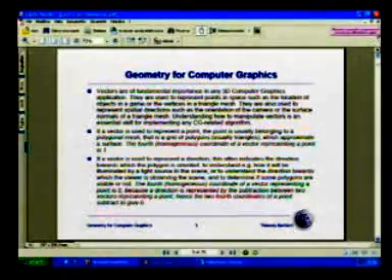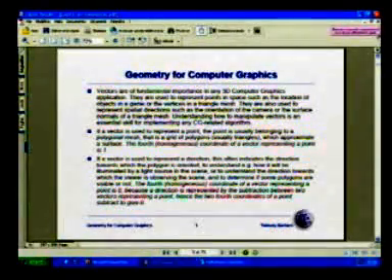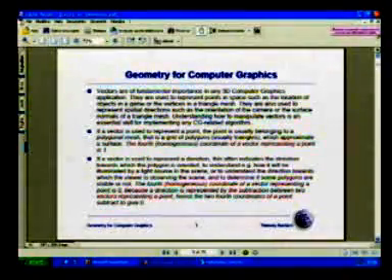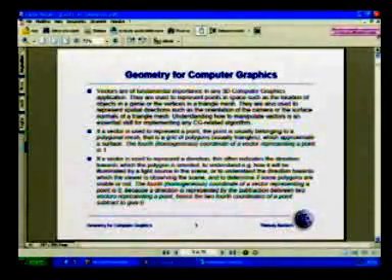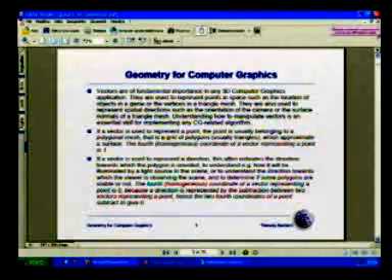Let's review a little bit how we use vectors in computer graphics.